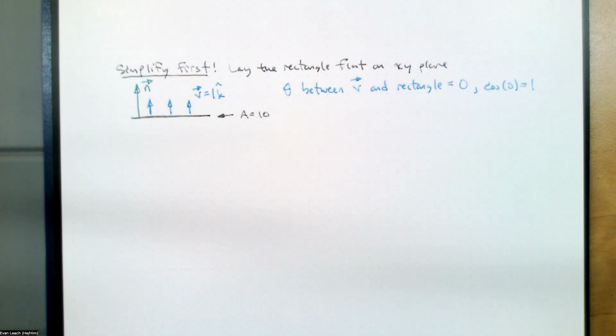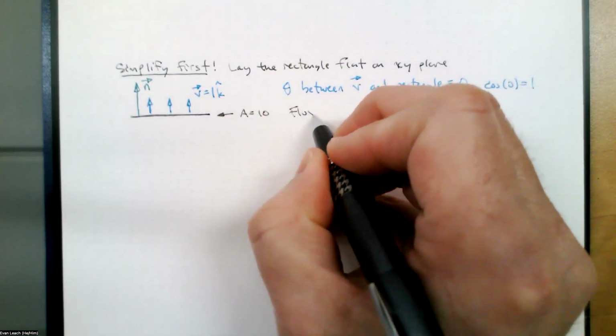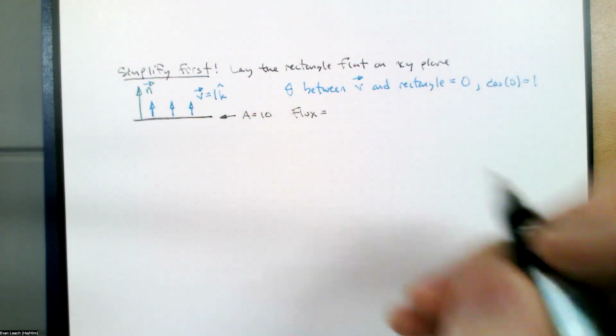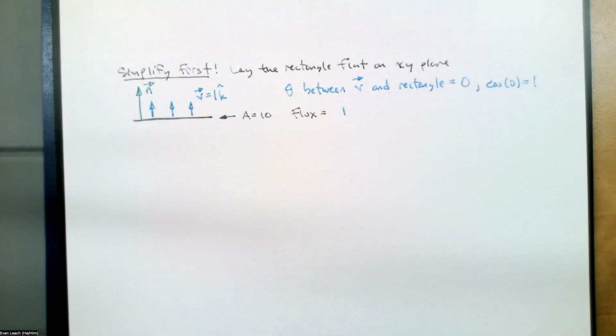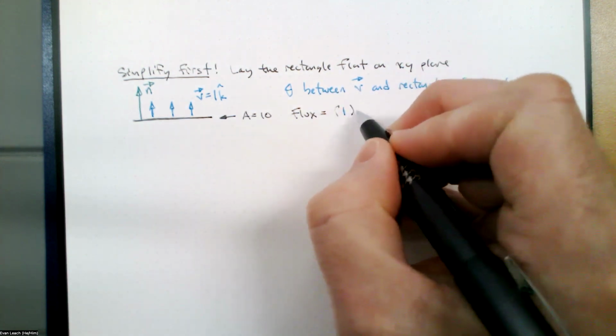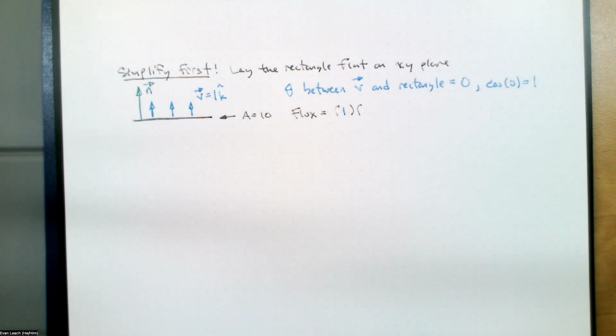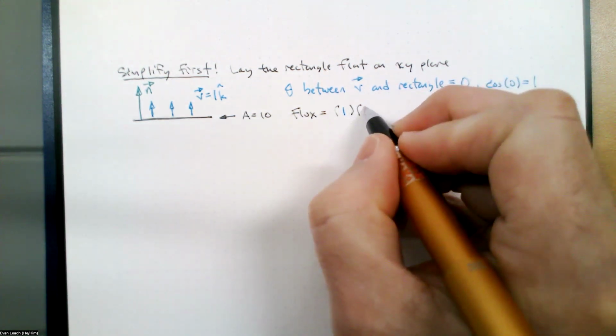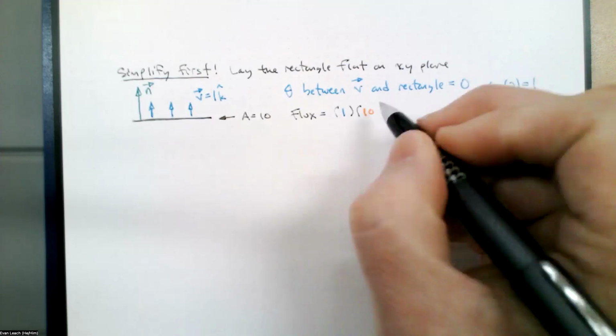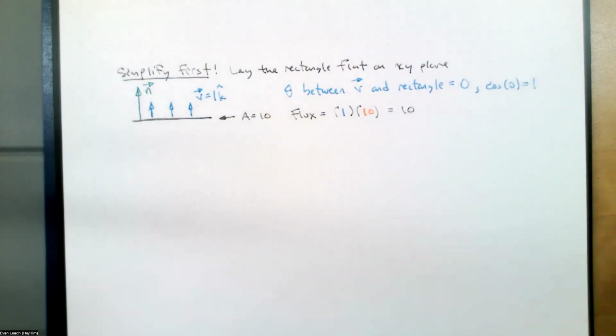And the cosine of 0 is 1. So we are getting 100% of that velocity going perpendicular to the surface. 100% of that velocity is going in the same direction as the normal vector. So if we want the flux, we just multiply. I'll just take my velocity of 1 and multiply by my area of 10, and we'll get 10.